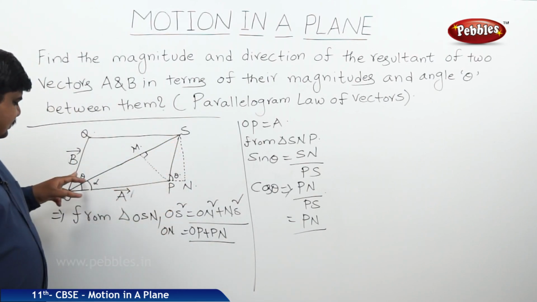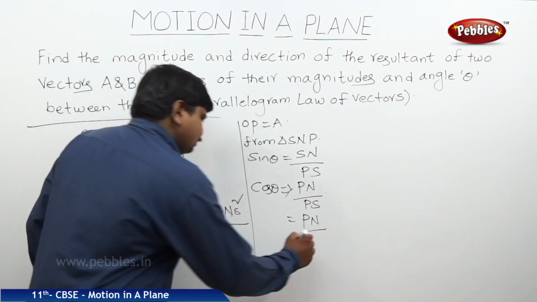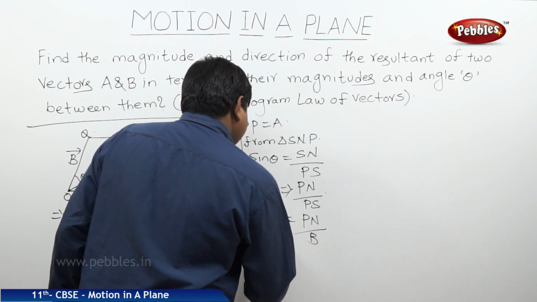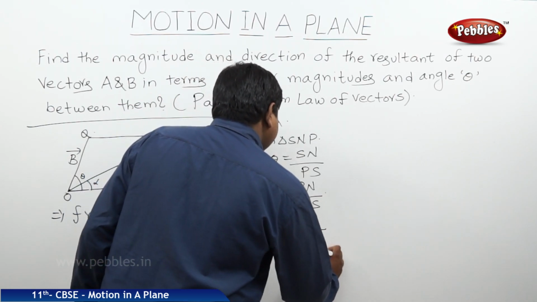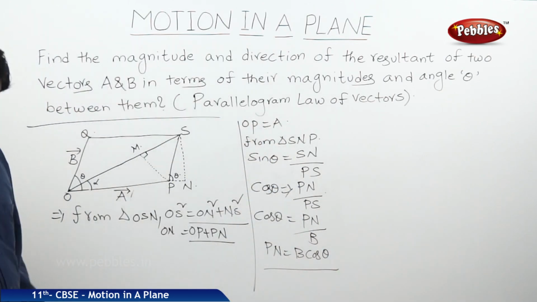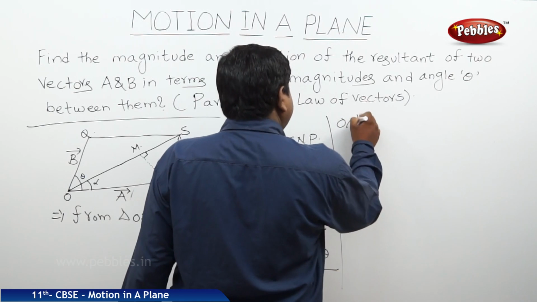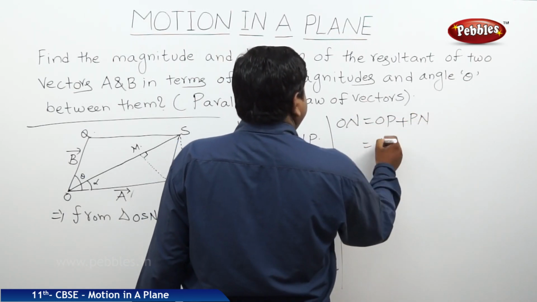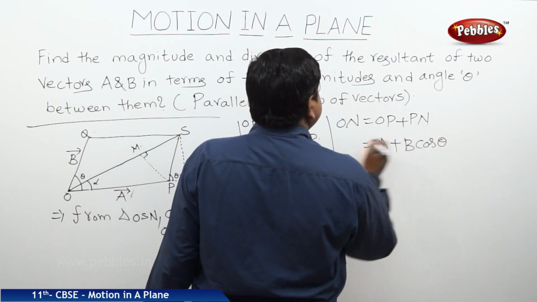PS is parallel to OQ, nothing but PS is equal to B. So PN by B is equal to cos theta. Therefore, PN is equal to B cos theta. So, therefore, we can write ON is equal to OP plus PN, where OP is equal to A, PN is equal to B cos theta.